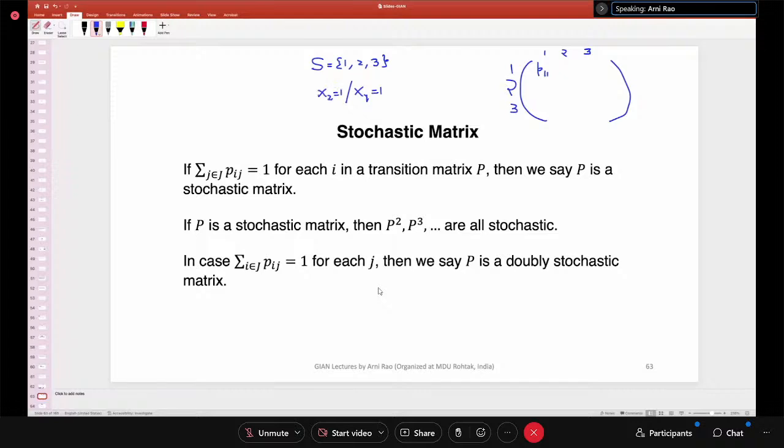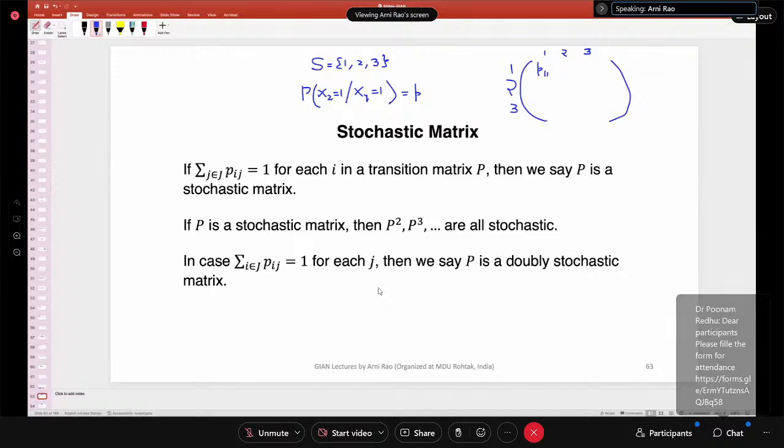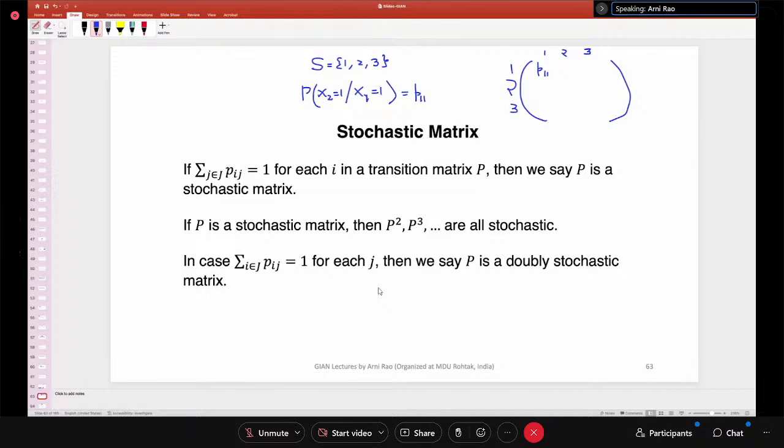Iska probability, we write P11. मतलब x1 experiment शुरू किया, उसका value 1 ले लिया, then the outcome is 1. x2 again 1, P11. Similarly, P12, this second value of a row, starting from 1 to P13.